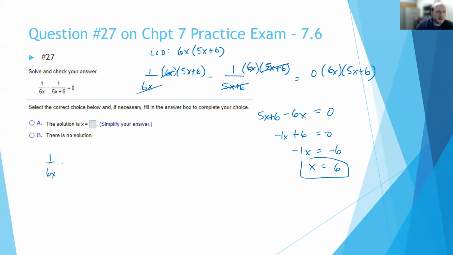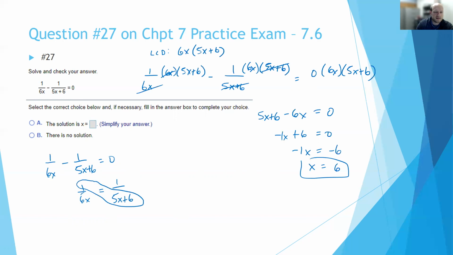The other method to solving this problem is to add this to the other side. And why can I do that? Because this is a 0. If I add this to 0, it's going to give me just the positive form of this thing. So it's going to be 1 over 6. I add this expression, so that's positive 1 over 5x plus 6. Now I can do that whole cross multiplication thing.